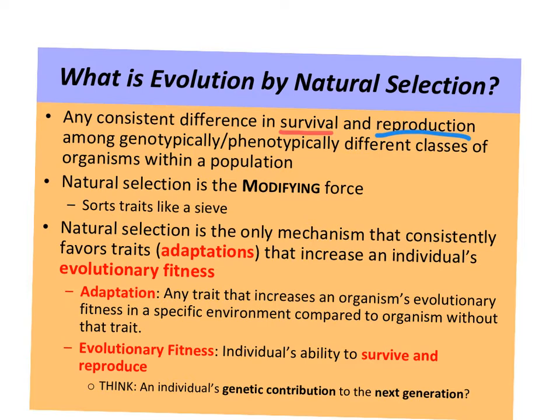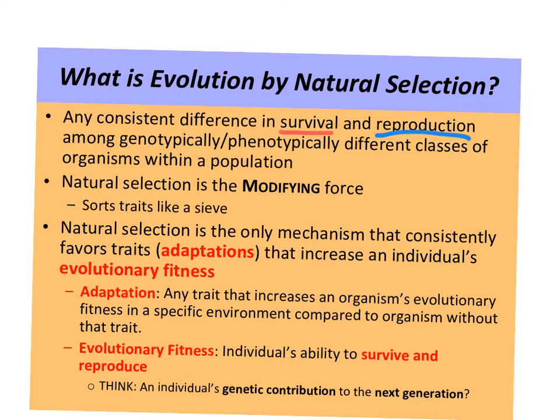When a population is composed of individuals that are adapted, they have traits that help them survive and reproduce, they constitute that population, and they're going to continue to produce offspring like that.